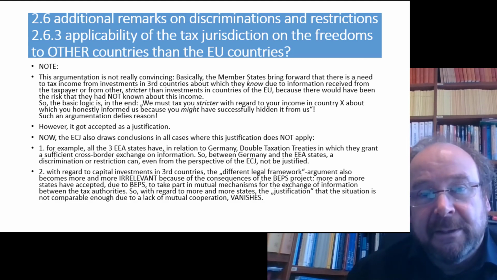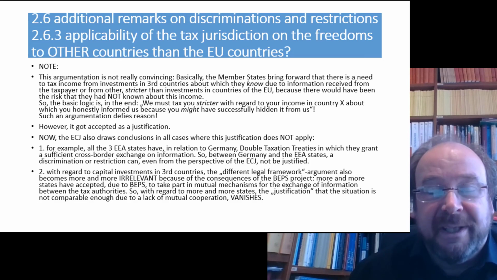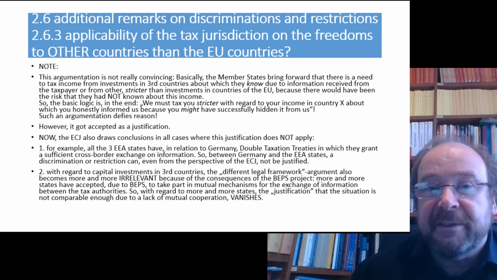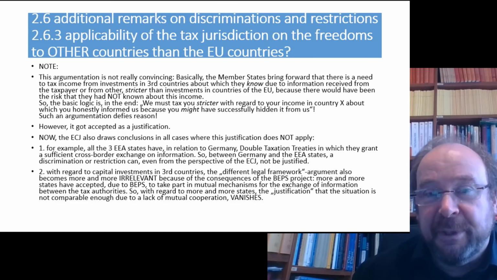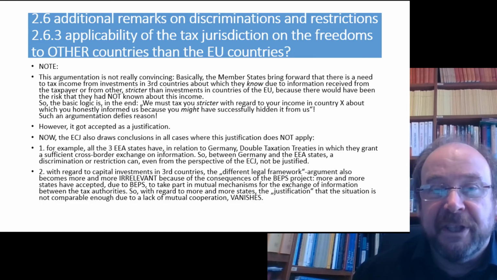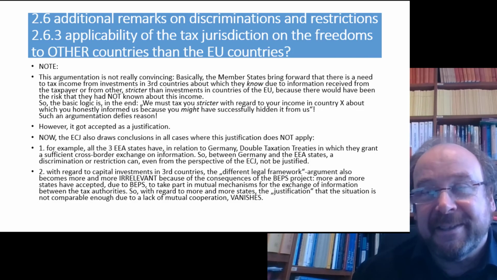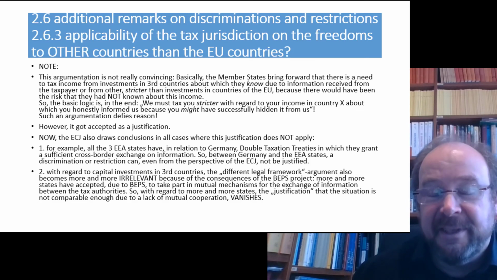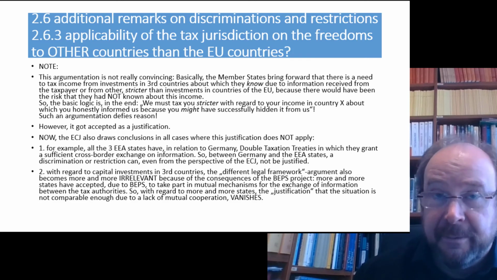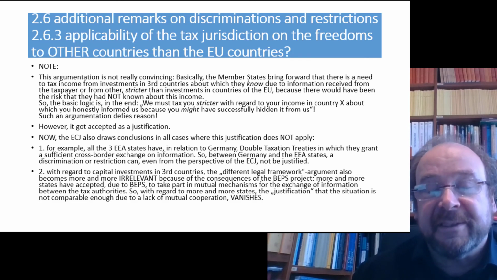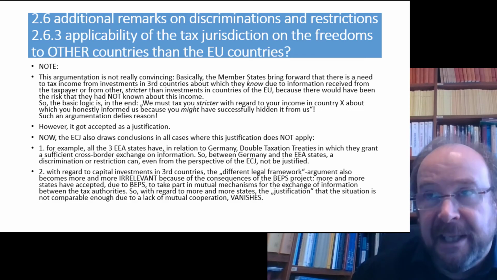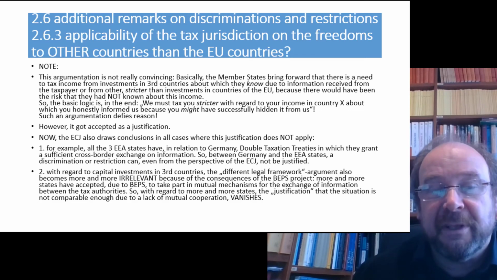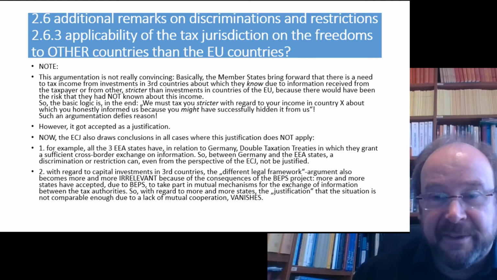That pretext becomes more and more inapplicable. And indeed, during the last years, more and more cases with regard to capital investment in third countries of the world have been accepted by the ECJ, where in the end the ECJ says, yes, this is a forbidden arbitrary discrimination, because as we see here from the double taxation treaty, there is a clause on a sufficient exchange of information, and this also works in a comparable way in practice as it works with other countries.